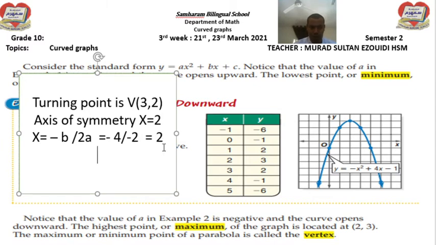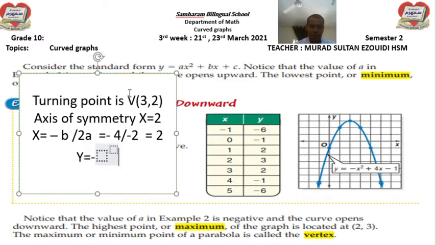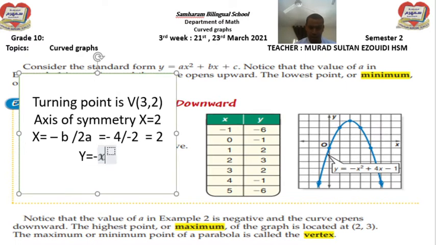We will make y equal to 0. So minus x squared plus 4x minus 1 should be equal to 0.